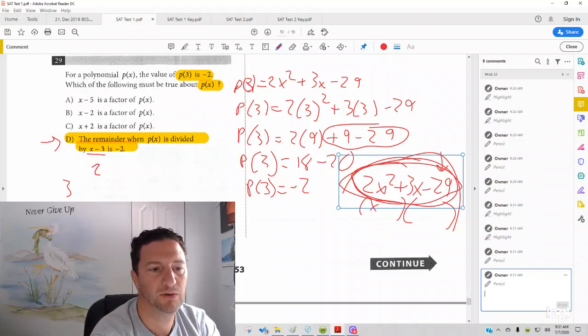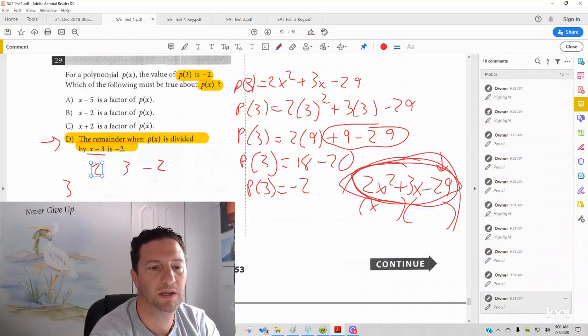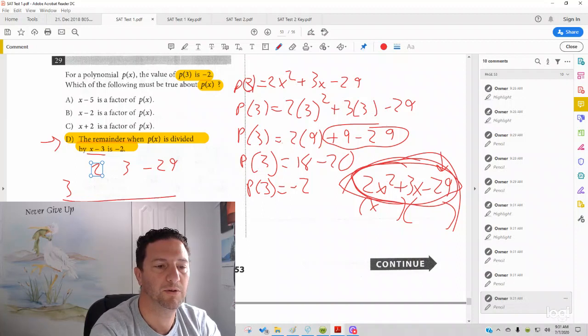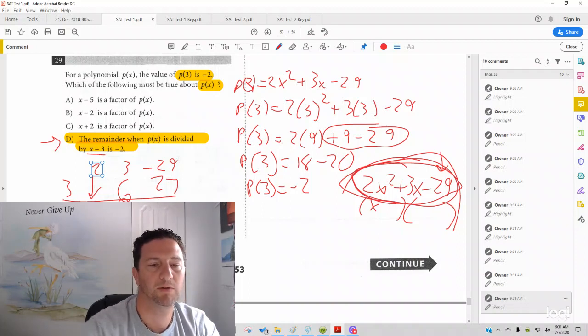So I'm going to have a 2, a 3, and a negative 29. I bring down the 2, multiply these, I get 6, add them down, I get 9. Multiply these, I get 27, add them down, I get negative 2. So that's another way to say 2x plus 9. Here's my 2, here's my 9. And the remainder is negative 2. So once again, my remainder is negative 2.